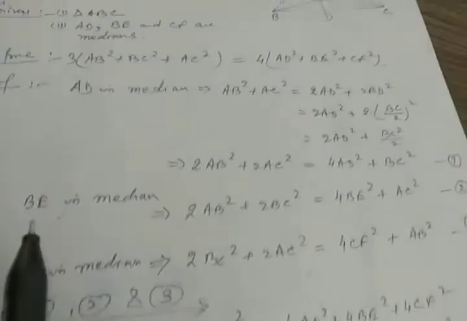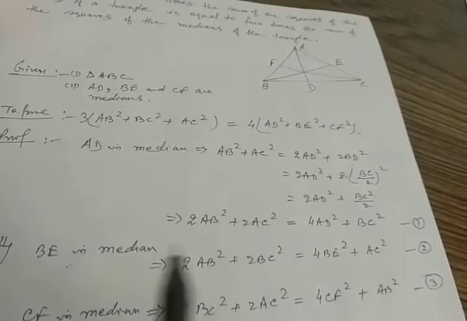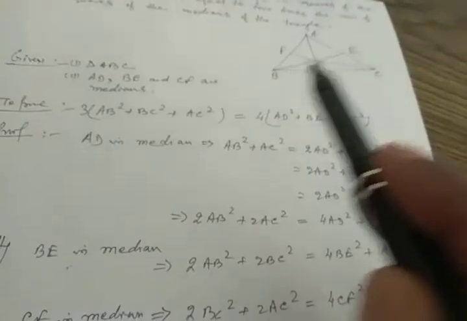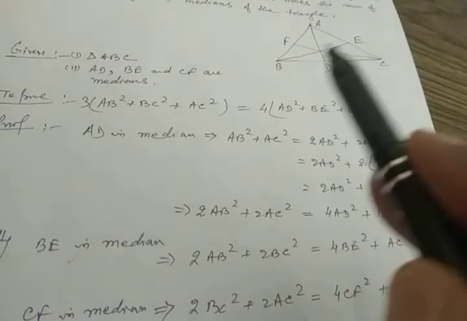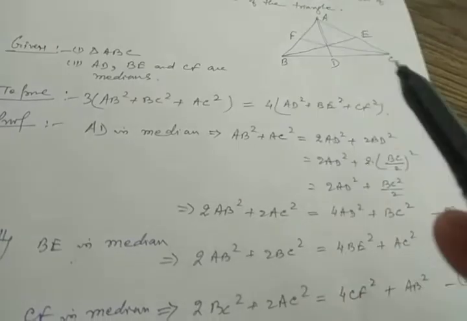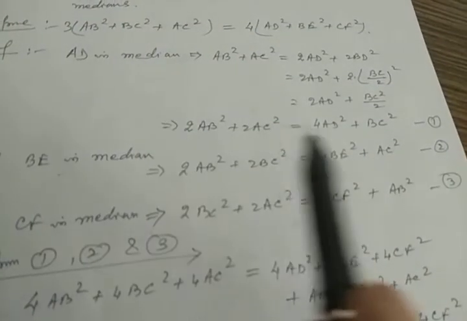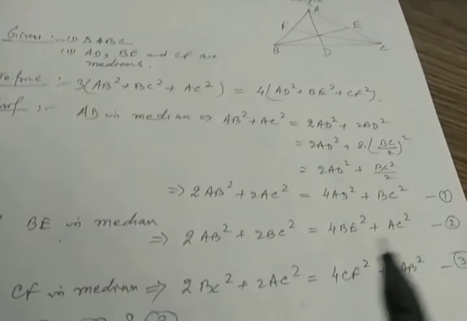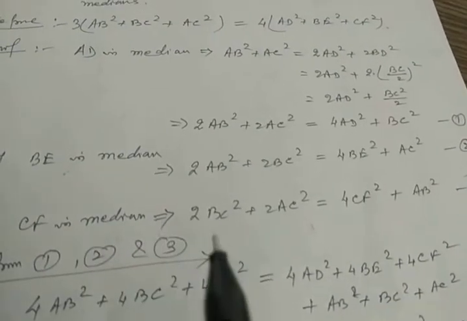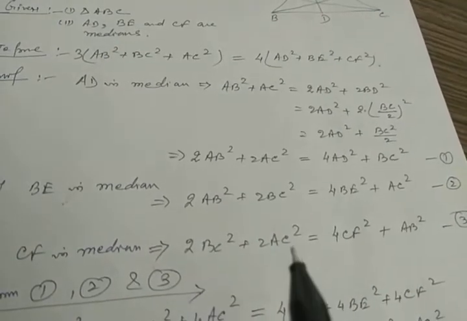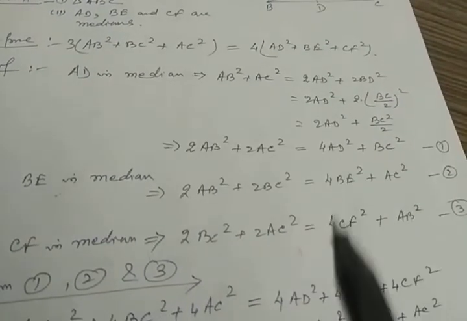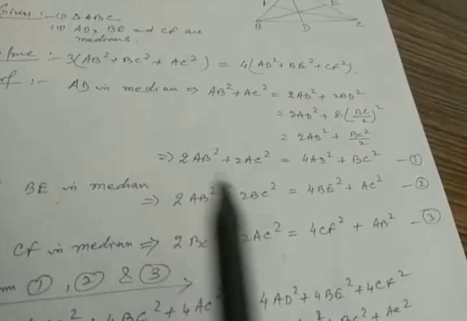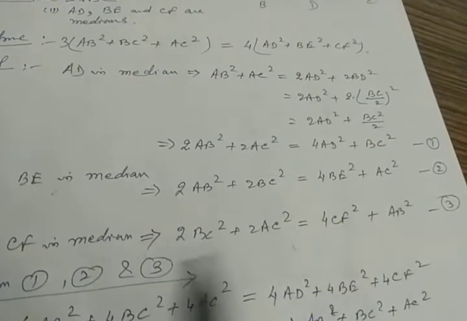Now, in the same way, if BE is median, in the same pattern you can write 2AB square plus 2BC square is equal to 4BE square plus AC square. And CF is median, so you can write 2BC square plus 2AC square is equal to 4CF square plus AB square. In the same pattern you can write all these three.